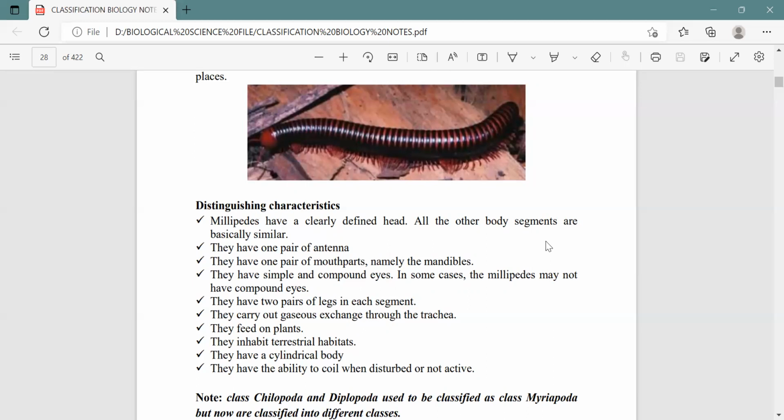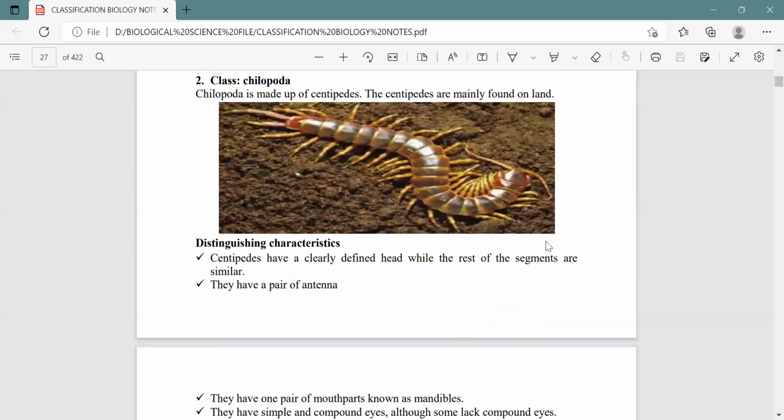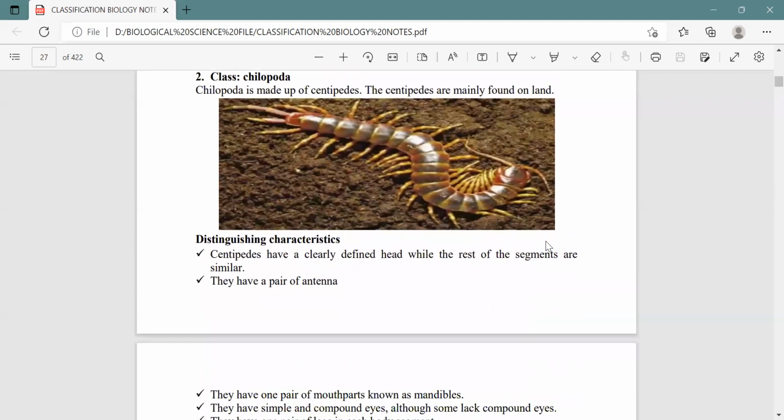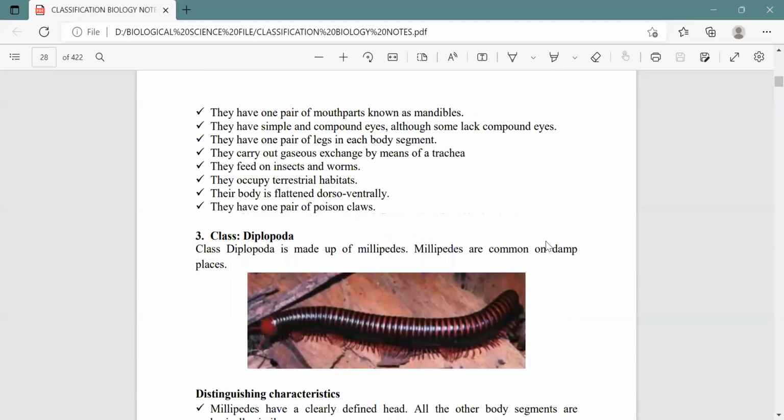Make for yourself a table of differences between class Chilopoda and class Diplopoda. Or it can even be asked to state the differences between millipedes and centipedes.